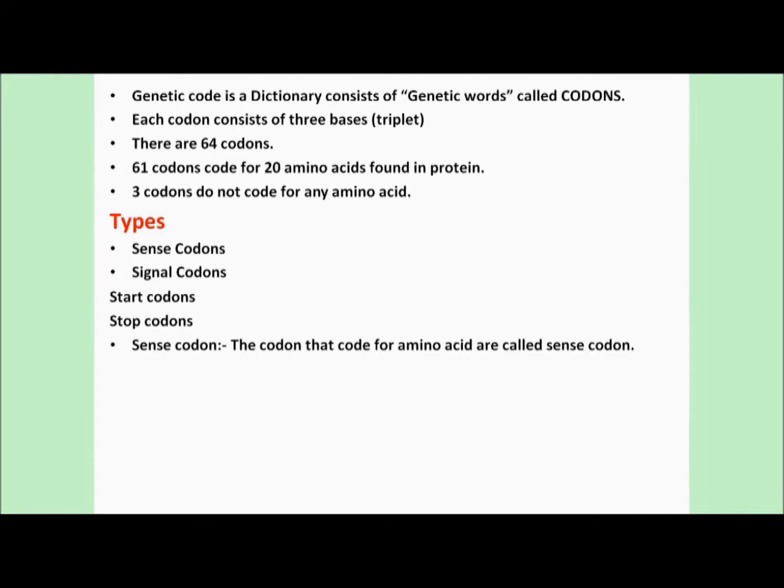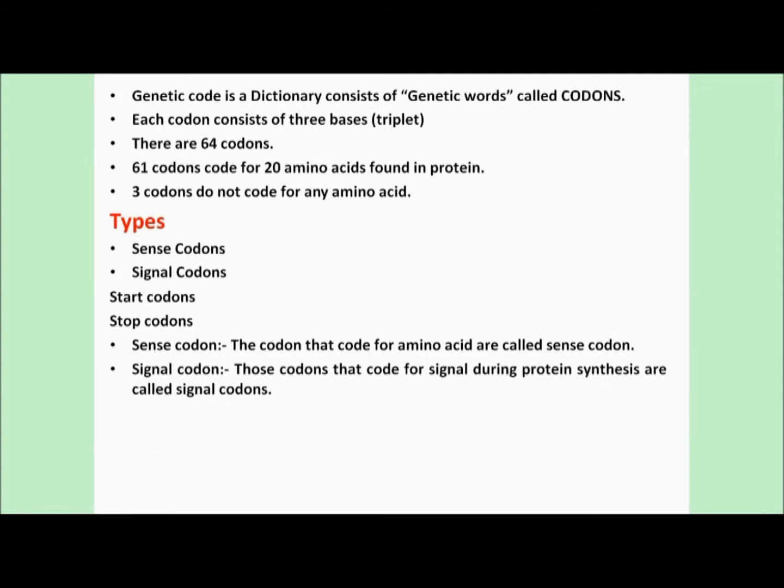Sense codons are those that code for amino acids. The signal codons code for the signals during protein synthesis. This signal may be either a start signal or a stop signal. For example, AUG, UAA, UAG, UGA are the signal codons.